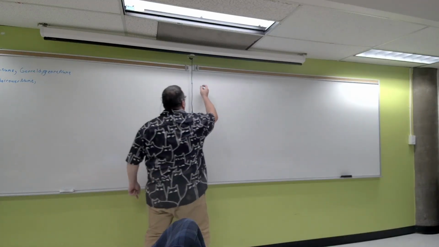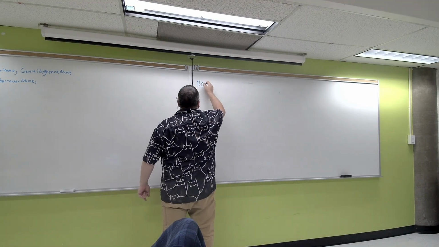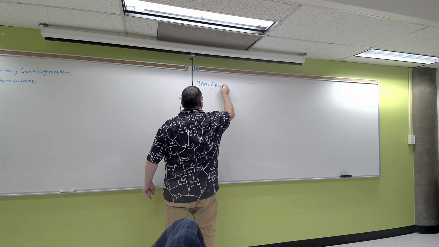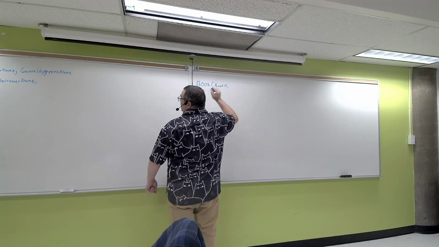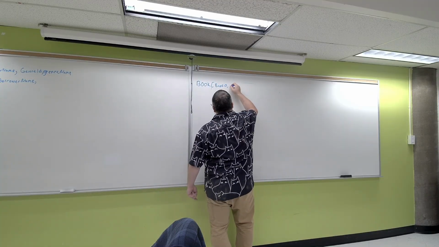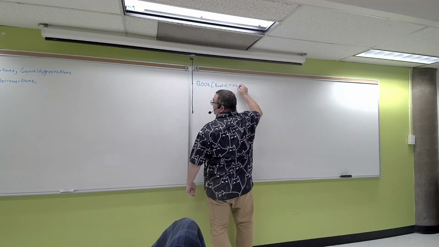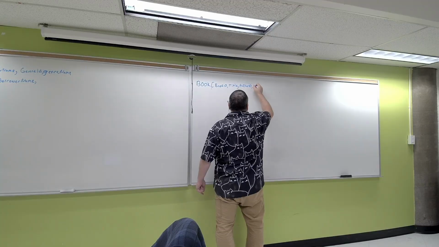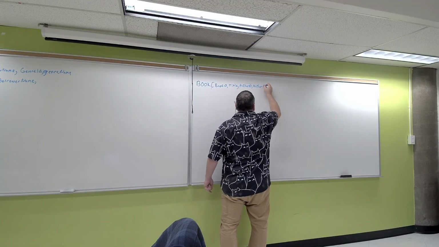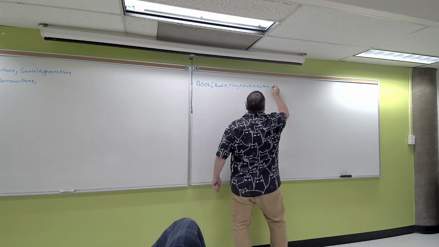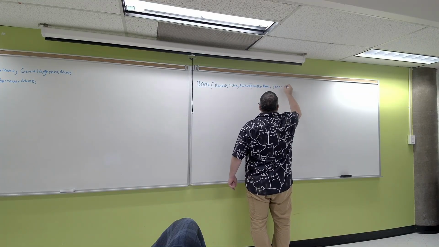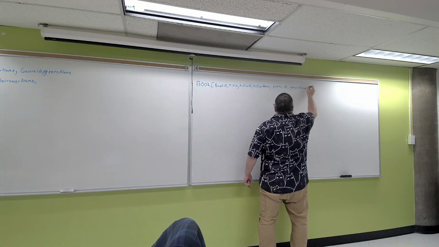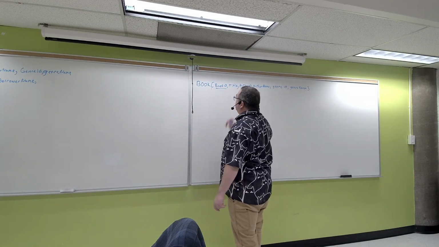So if we do book, which has the book ID, and I'm going to start dropping words I don't need here, just to save on writing: title, author ID, author name, genre ID, genre name. That's its candidate key.